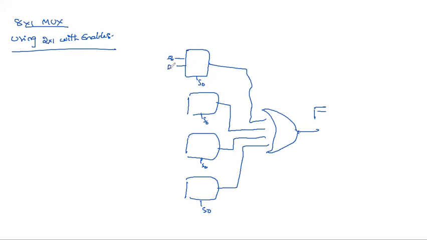Next, we have D0, D1, D0, D1, D0, D1, and D0 to D7 as the inputs. This is 2 by 1, 2 by 1, 2 by 1, 2 by 1.